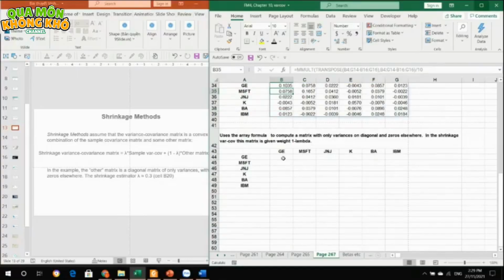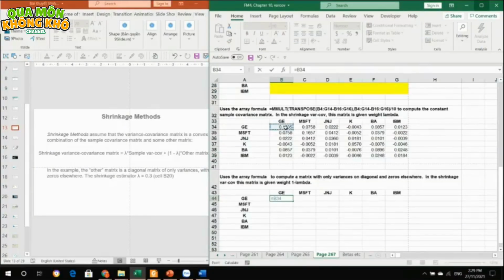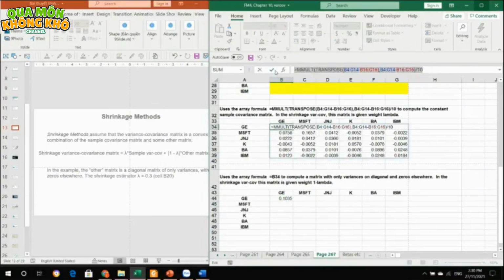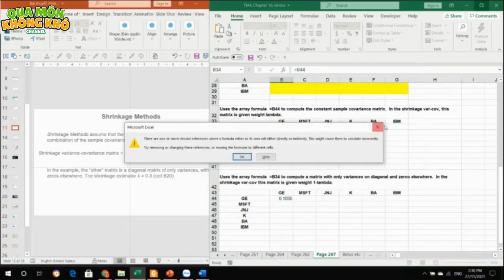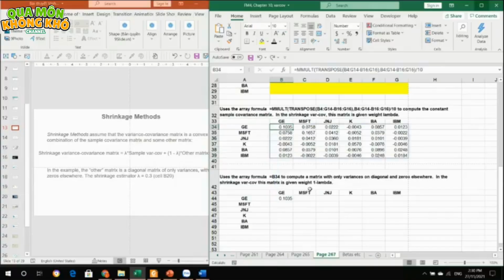And we calculate the matrix from here. We just use the formula like this, and just add more. It has more conditions, so we use if.